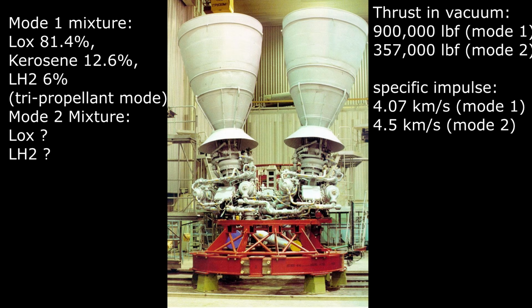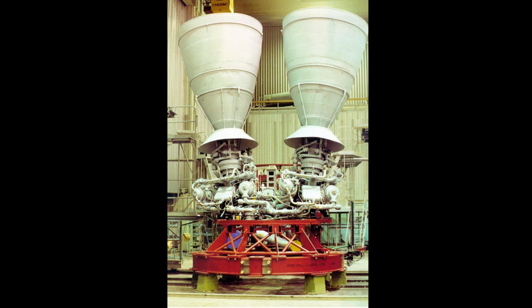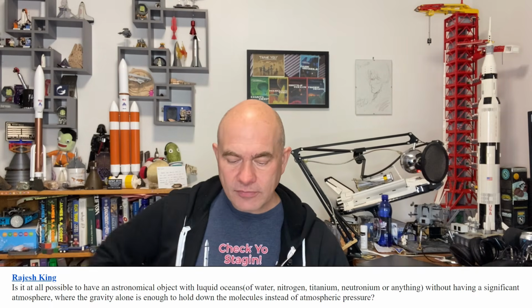Initially, it would use a high-thrust kerosene liquid oxygen cycle, and then once it got higher up and it needed the higher performance, it would switch over to hydrogen and oxygen, and that would carry it all the way into orbit. So that was a concept. It never flew, but it's a cool thing nevertheless.